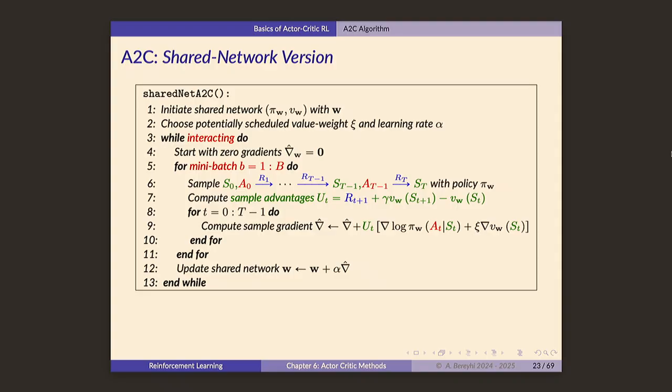Every time you get the gradient of the log likelihood plus the gradient of the value head together, and then you multiply it with the corresponding advantage, and you aggregate all of it over one trajectory. This is one sample gradient. You can either update with that sample gradient, or you can use multiple samples in one mini batch to improve the quality of your estimate, and then you update, right?